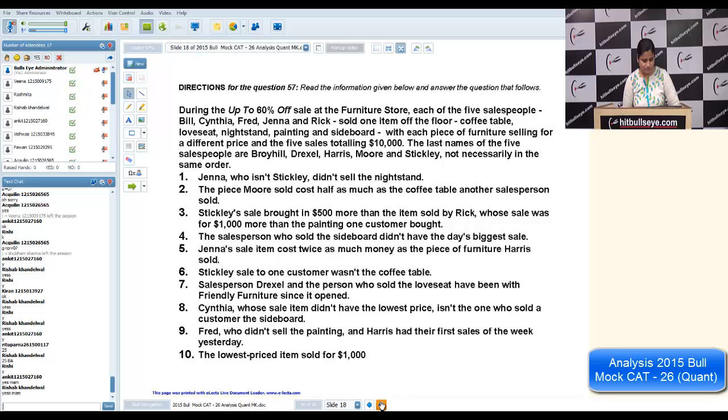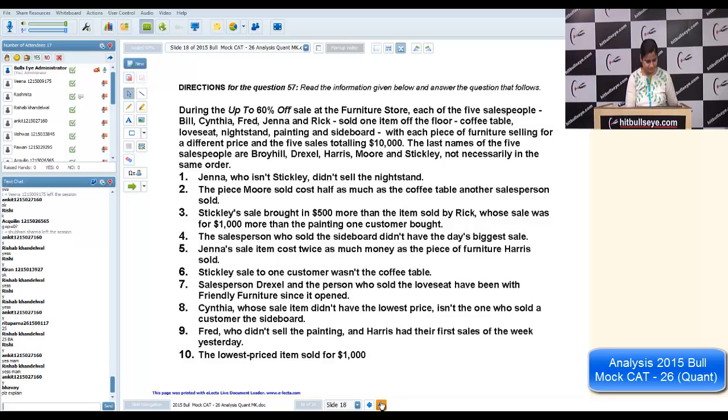We'll go by hit and trial only. We'll make a table in this case because there are three variables: furniture, prices and surname.